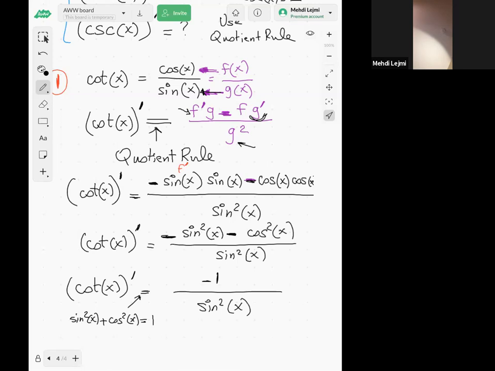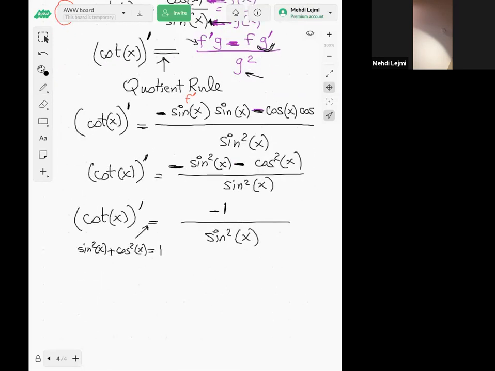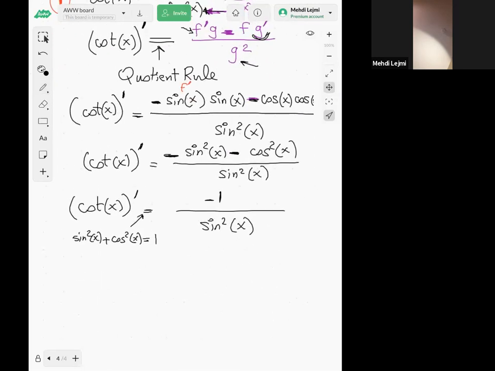Just to remind you, the definition of cosecant of x is 1 over sine.